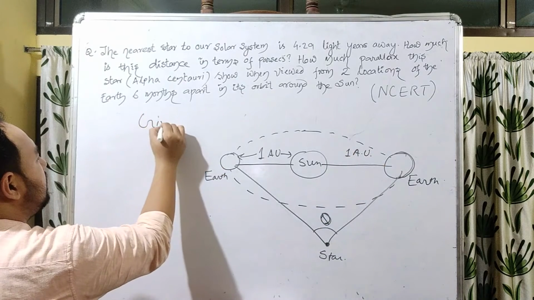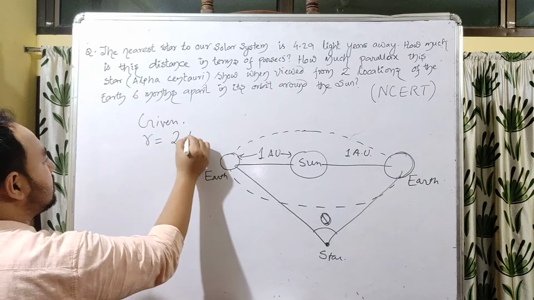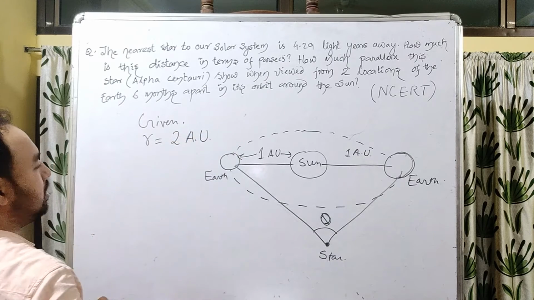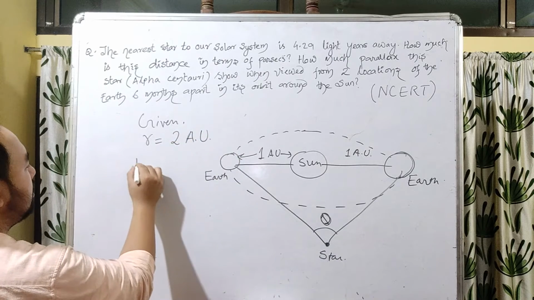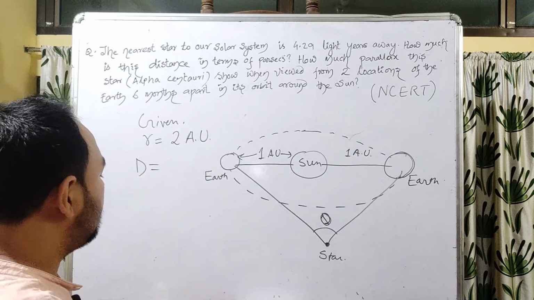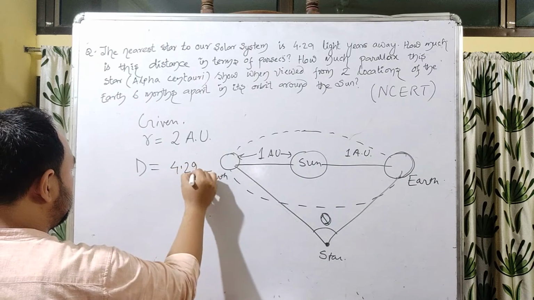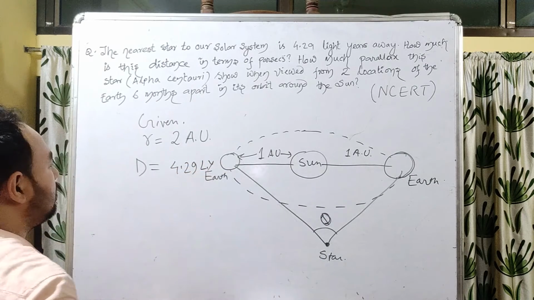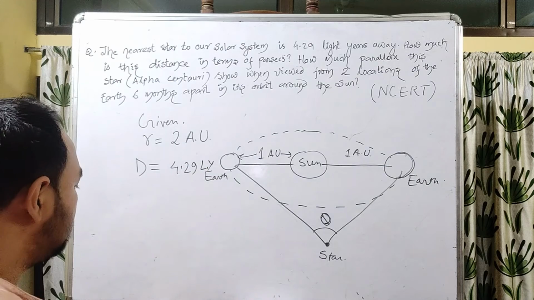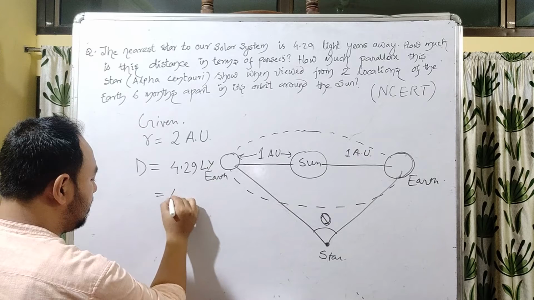So given is that radius is twice astronomical unit, and the distance is given to be 4.29 light years, which we have already converted into meter.